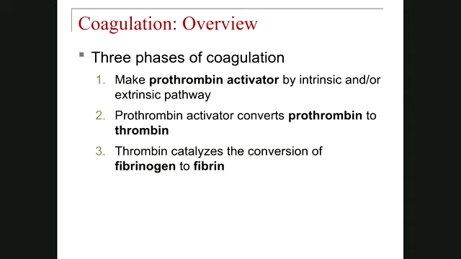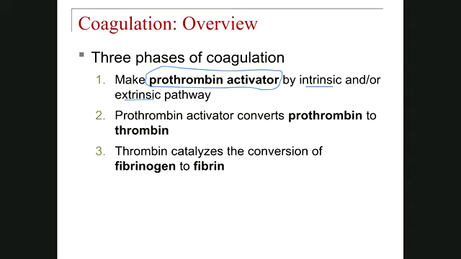For making a clot, we have three different phases. First, we should make prothrombin activator. It's very important, pay attention. In the first step, we have different mechanisms which can activate our prothrombin. These different pathways are called intrinsic and extrinsic pathway.